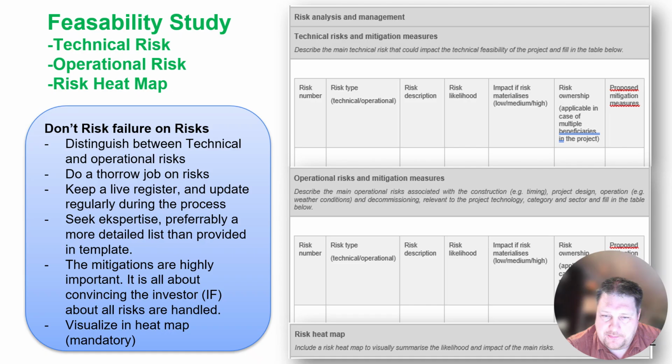So the more you can be aware of risks upfront, plan mitigations to avoid them, the better situated you are for executing your project. It's mandatory to visualize your risks in a heat map, and I will soon show you one example of doing this.